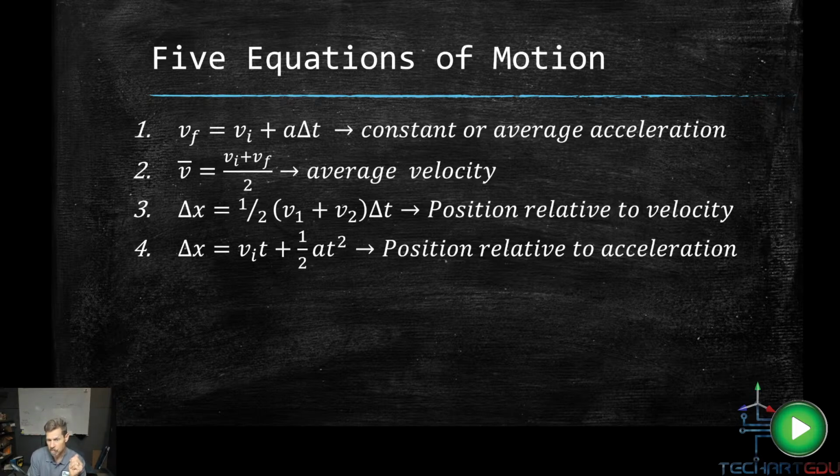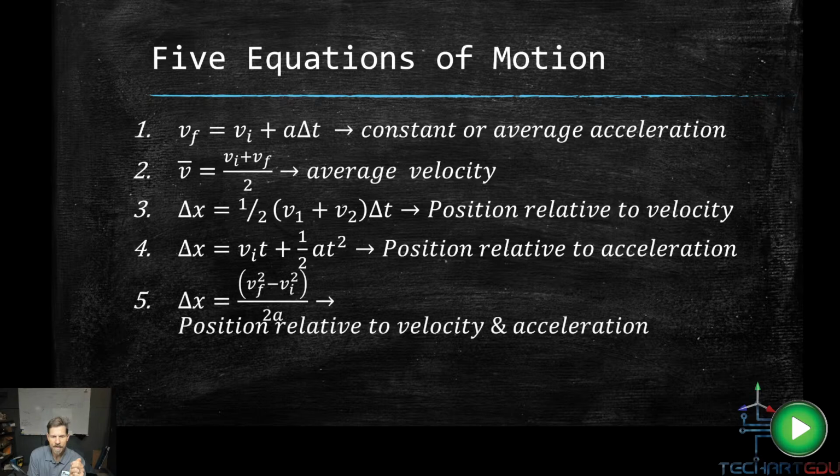That gives you the change in position with respect to acceleration. And then if you wanted the change of position based on the change of velocity and acceleration, you use this formula: VF squared minus VI squared over 2A. That will give you the position relative to velocity and acceleration.